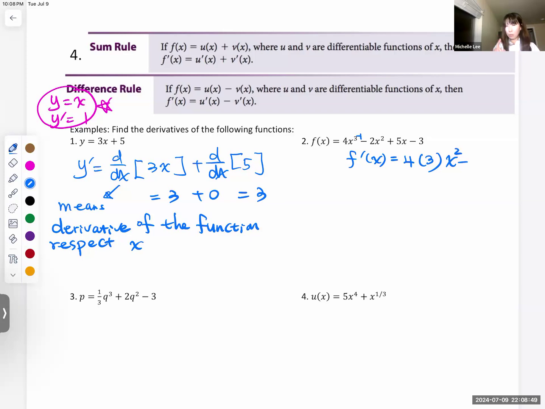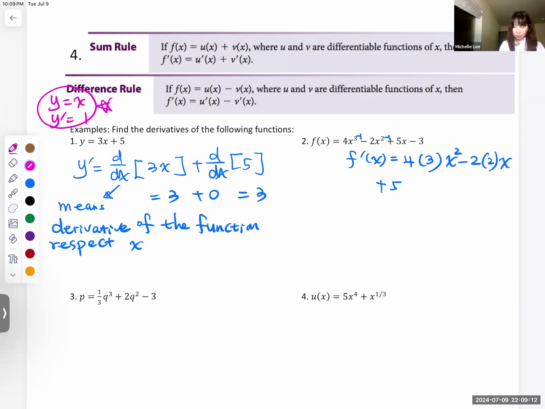Minus, keep the coefficient 2, drop the power 2, and reduce by 1, so that's x, no space. And then plus 5. Once again, 5x, we keep the coefficient.